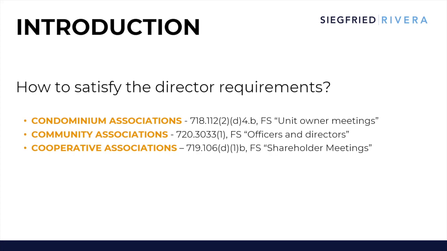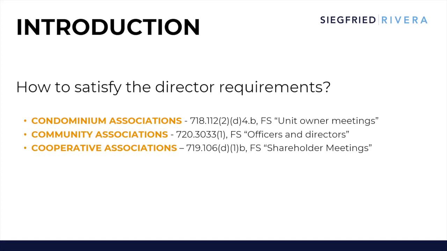These statutory requirements are set forth for condominiums in the Condominium Act under Section 718.112. For community associations, which is homeowners associations, they're regulated under the Homeowners Associations Act, which is set forth in Section 720.3033, Florida Statutes, and under the Cooperative Act under Section 719.106, Florida Statutes.